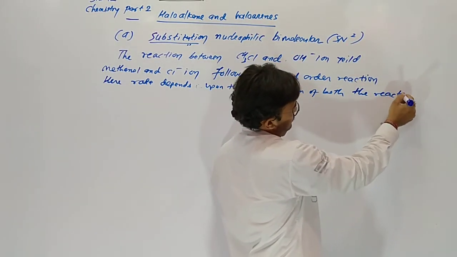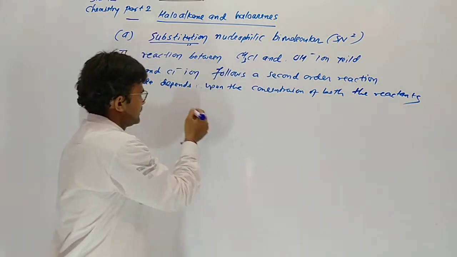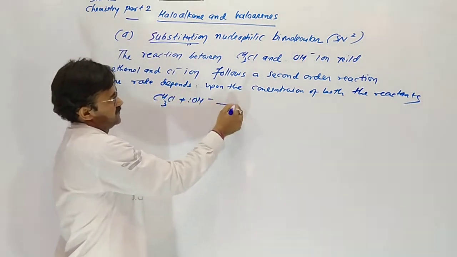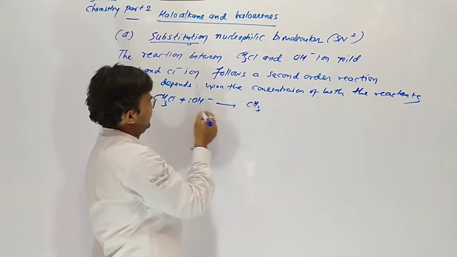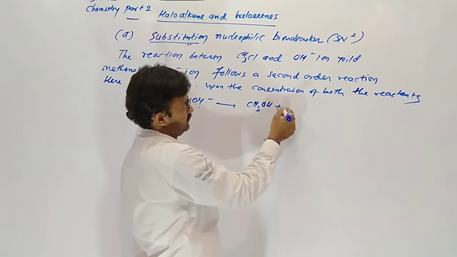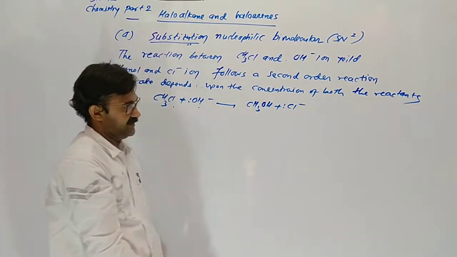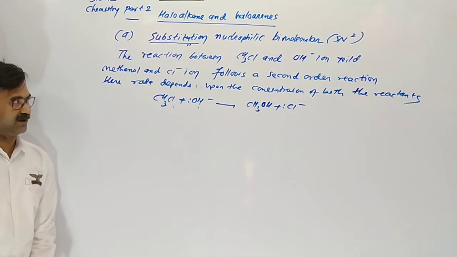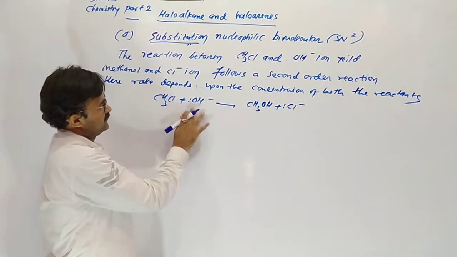Chloromethane is reacting with OH minus, so chlorine is replaced by OH. The chlorine is removed and OH enters. So methyl alcohol is formed and it gives chloride. Understood? I will speak in both languages, so don't worry.